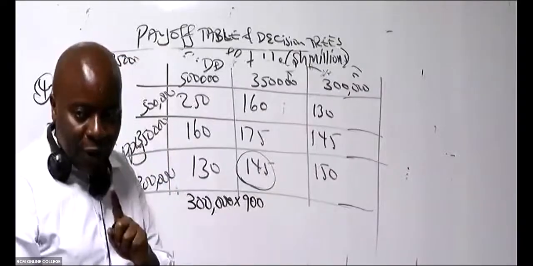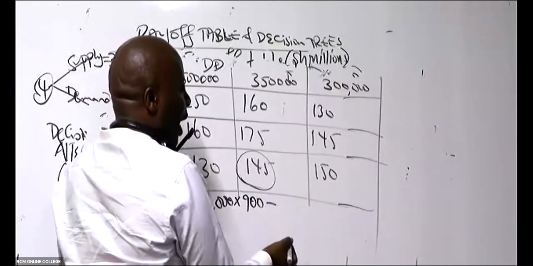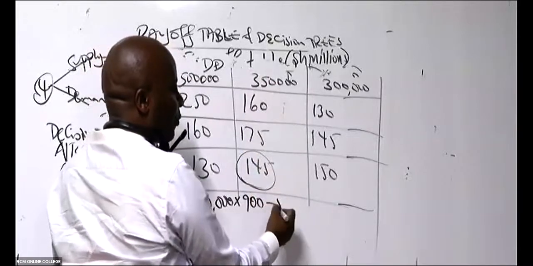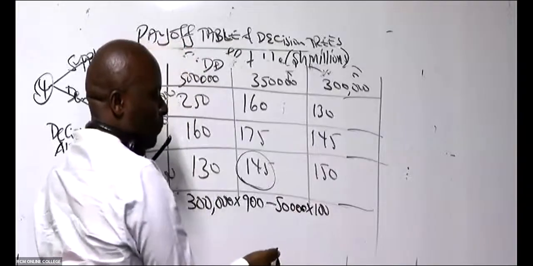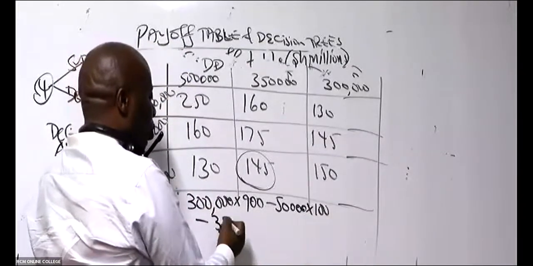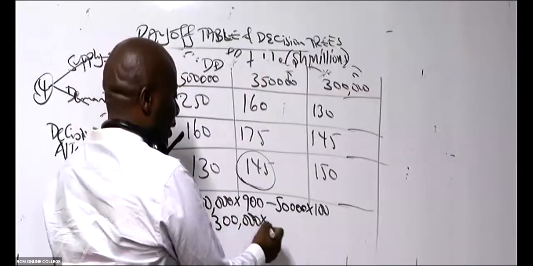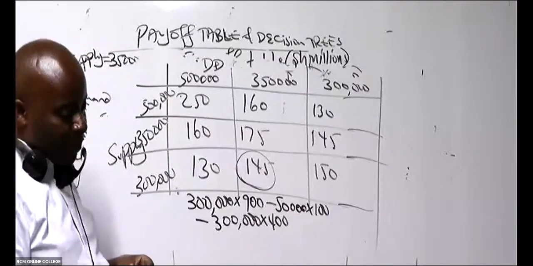But then we have 2 costs. The first cost will be the cost of disappointing customers. How many customers shall we disappoint? 50,000. And for each customer you disappoint, you're losing 100. Minus the total cost of supply. Total cost of supply is 300,000 times 400 for supplies.